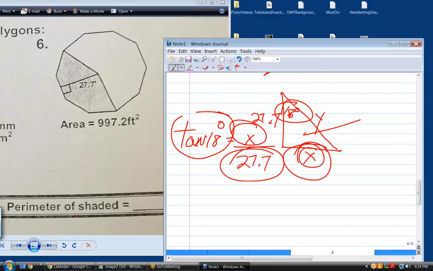Once you come up with y, in other words, the distance from there to there, now you can figure out the perimeter of that shaded area. So this is not an area question. It is figuring out the side lengths and the radial length. And then you can figure out the perimeter.